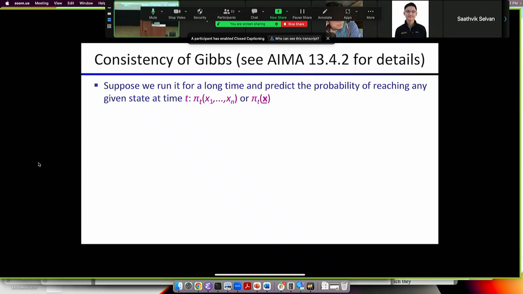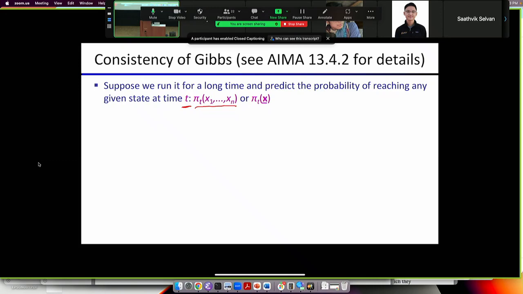What's the probability that I reach any particular state? And that's going to depend on how long you run it. So at time t, we'll use pi t to refer to the probability that I reach any particular state at time t. We can fix the start state, or we can choose the start state uniformly at random or anything like that. So given the start state, it's completely determined what that probability is.